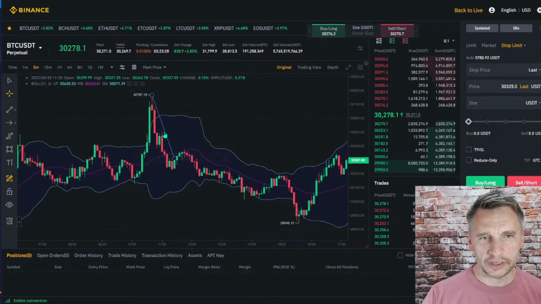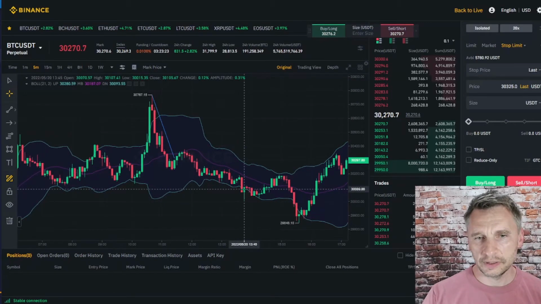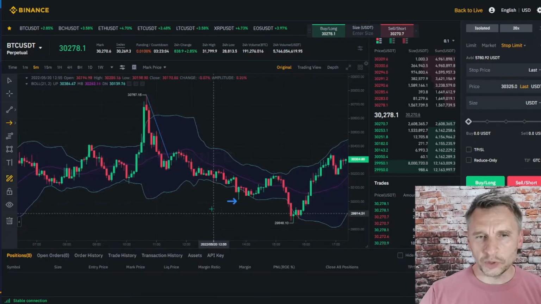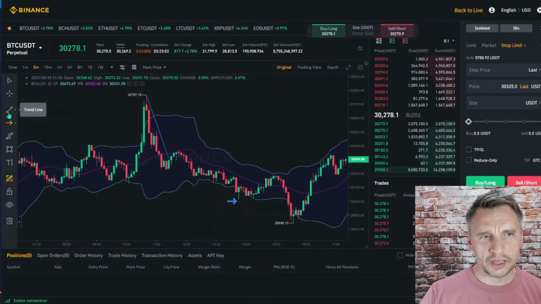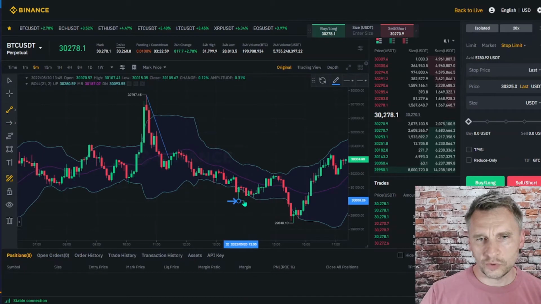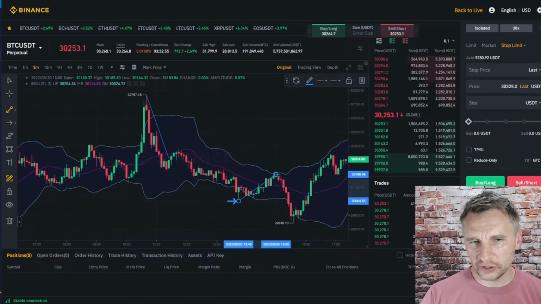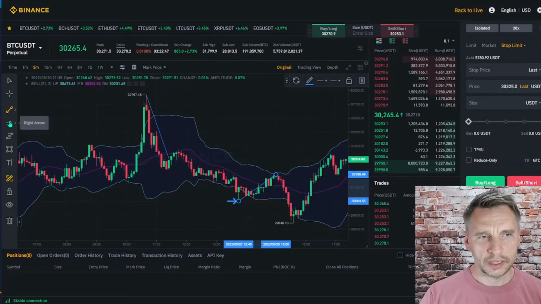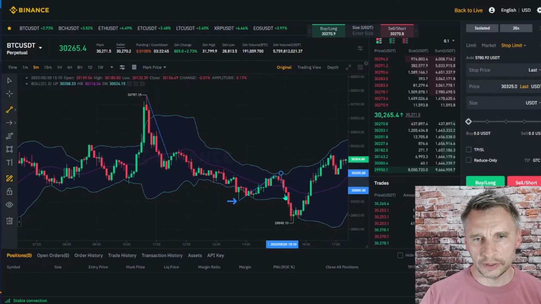If you notice, the price reached the midpoint here, then bounced off, and then continued all the way down here, at which point it changed directions, and then there was a move up back to the upper band, at which point you could again close your long if you had opened it right here, and then you could open another short right here and then follow that all the way down to here.